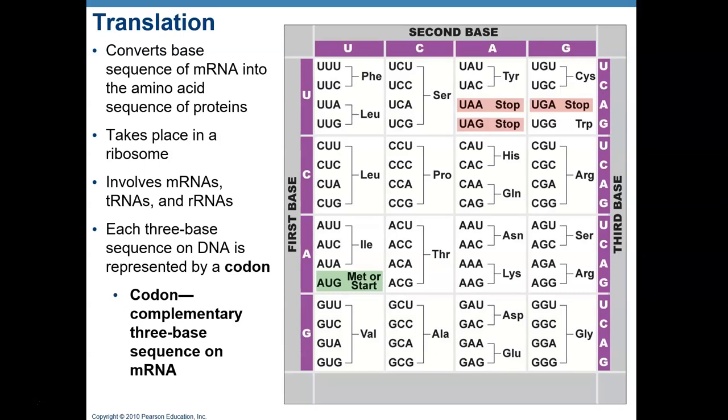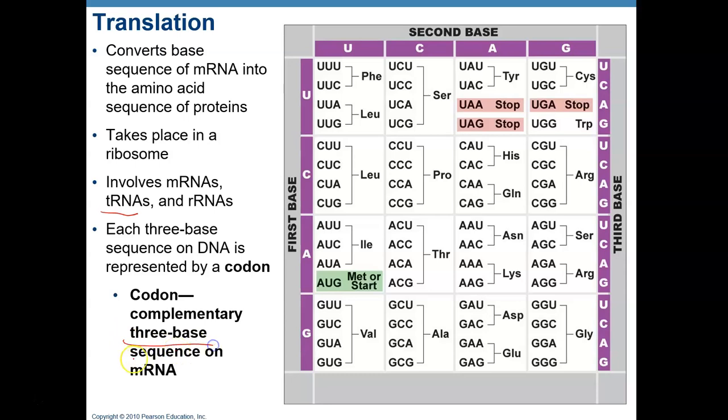And this is where you've got the triplet reading, three nucleotides at a time will represent a certain amino acid. And the tRNAs will bring in that amino acid and will bind to that codon sequence.